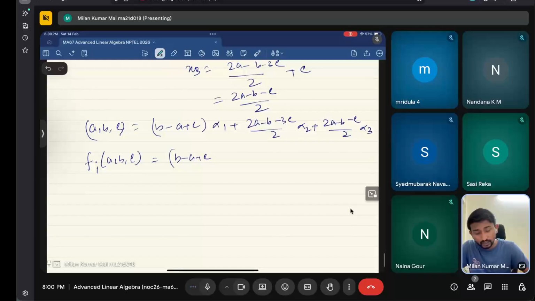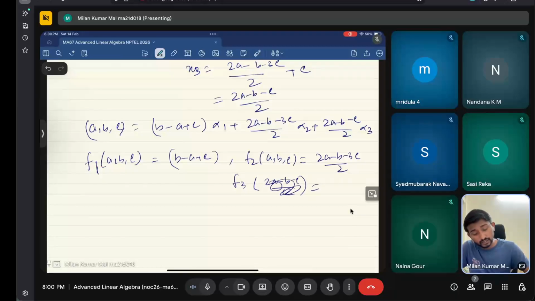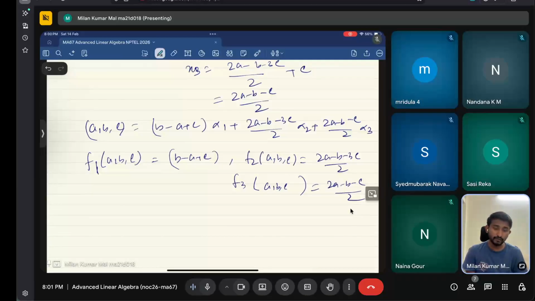So it is clear that f1 at the point (a, b, c) is this one, f2 at the point (a, b, c) is (2a minus b minus 3c) by 2, and f3 at the point (a, b, c) will be equal to (2a minus b minus c) by 2. Why is this? This is because f1 is mapping every element to its first coordinate, f2 is mapping every element to its second coordinate, f3 is mapping every element to its third coordinate, and this is what we have obtained.